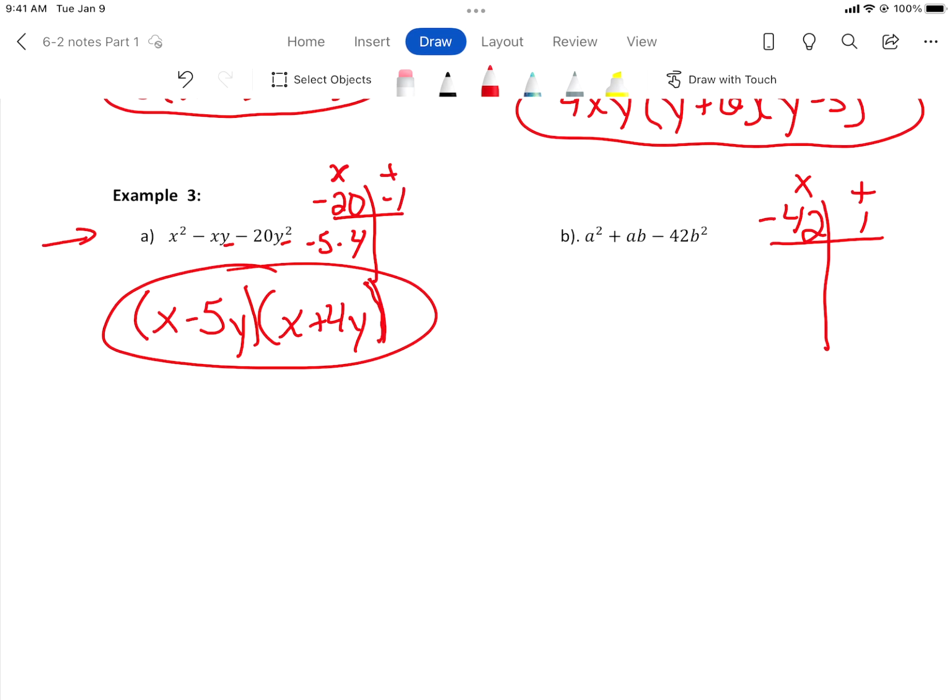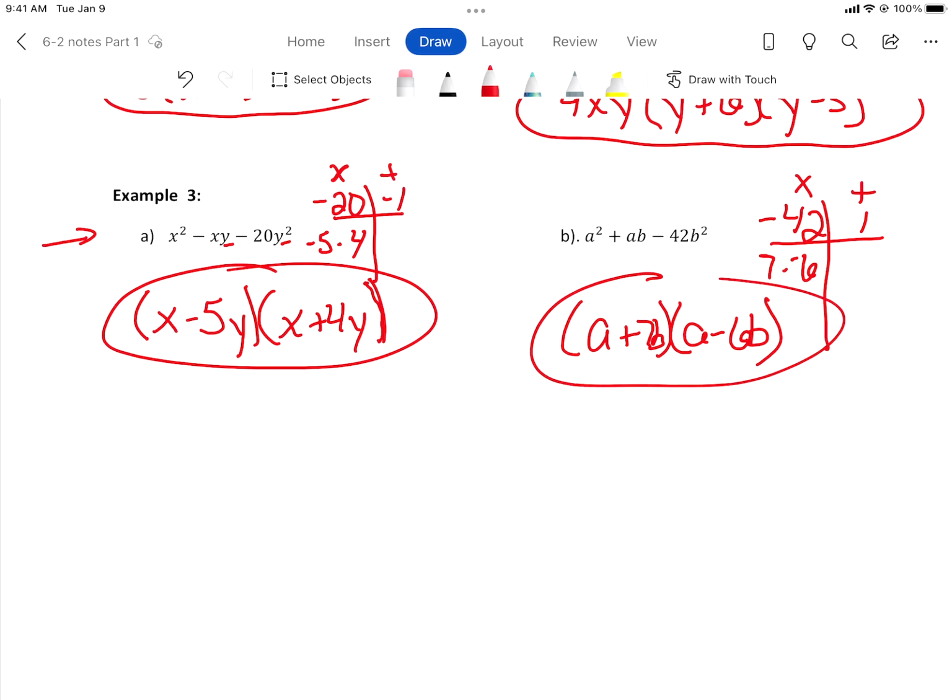Adds to +1 this time. 7 and 6. Which one's negative? 6, right? So that means I'm going to have a plus 7b. Forgot my b in there. And a minus 6b. So just add that variable to the back of your numbers. Questions?